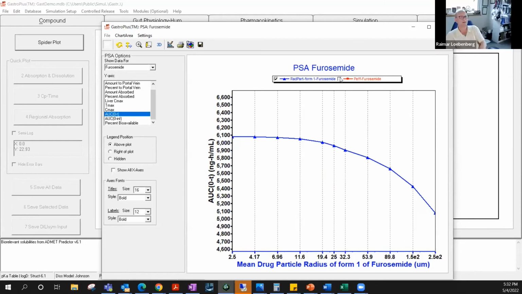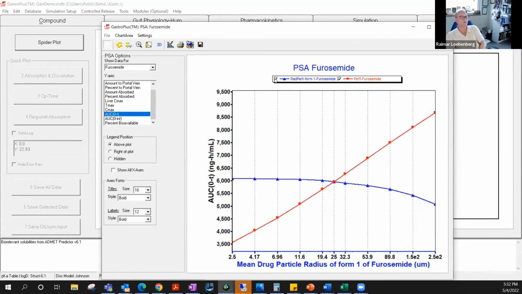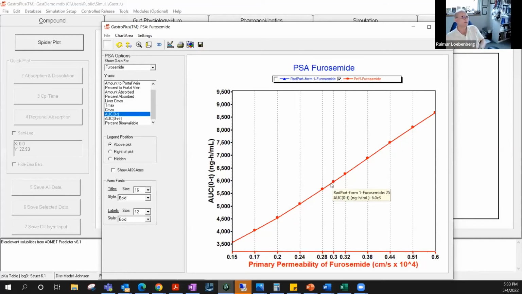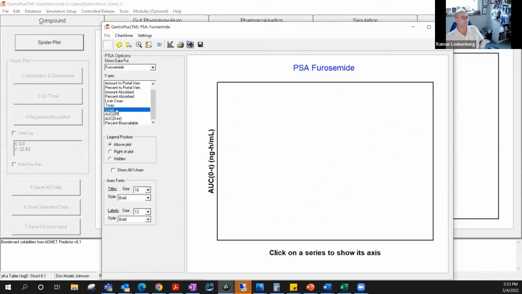Now let's have a look at the permeability impacts, the AUC. You can see, yes, if permeability increases, and when you look here, 0.15 to 0.3, you would nearly double your AUC. Let's have a look at Cmax and Tmax.